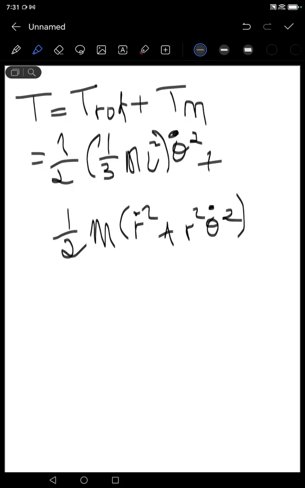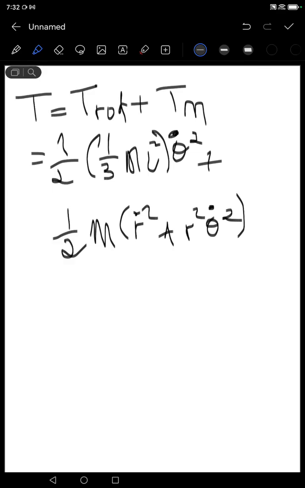So this is the kinetic energy of the system, where we have a slender rod and a sliding mass and a pivot point at O. We are done with the kinetic energy of our system, and now let's do potential energy.